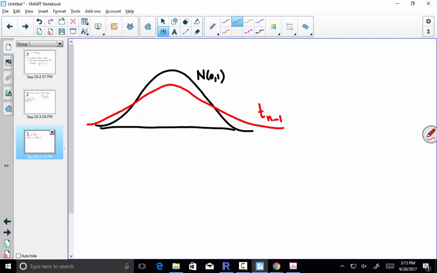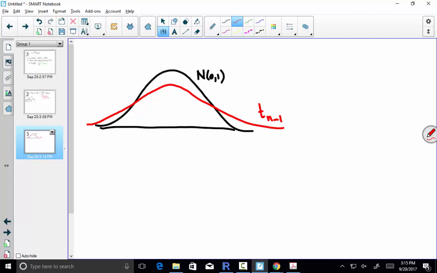Normal distribution has two parameters, the mean and the standard deviation. A t distribution has just one parameter, and it's the number of degrees of freedom. It's the little subscript that we put next to the t. So depending on what the value of n is, you'll see a slightly different red curve. And as you increase the sample size, as you increase n, it turns out that the red curve settles down, converges to the standard normal.